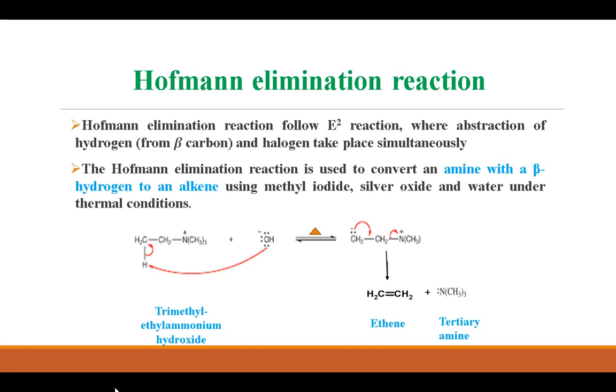For example, when trimethylethyl ammonium hydroxide, which is an amine, reacts with base OH-, then the base subtracts a proton from the beta carbon, along with the removal of tertiary amine, to give an unsaturated product, that is ethene.